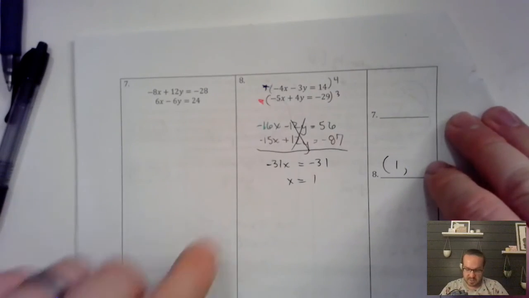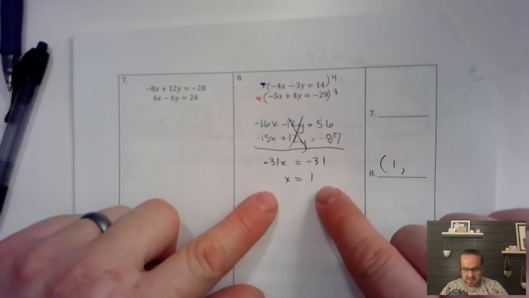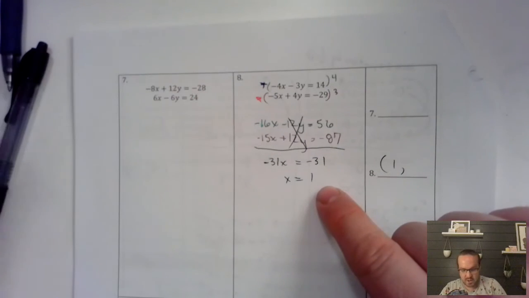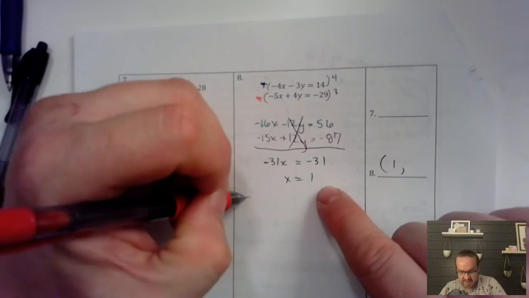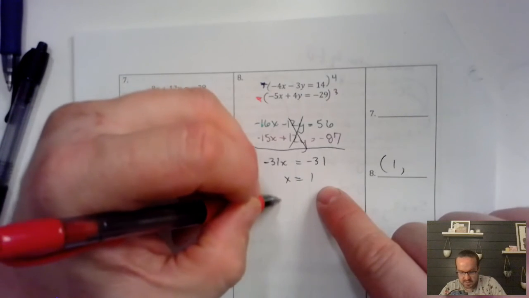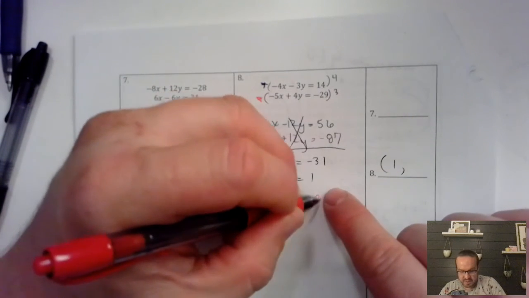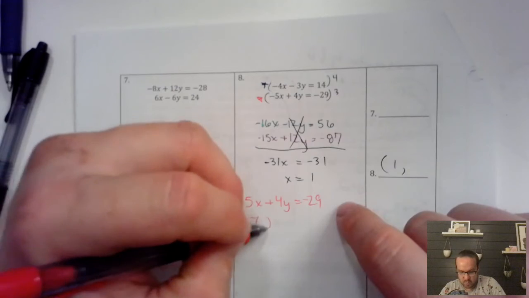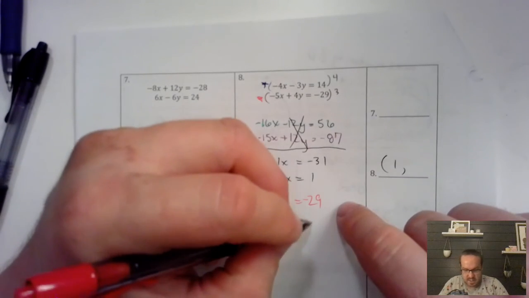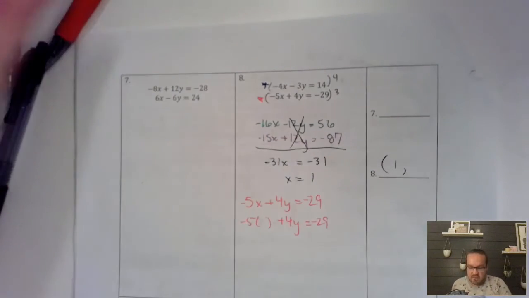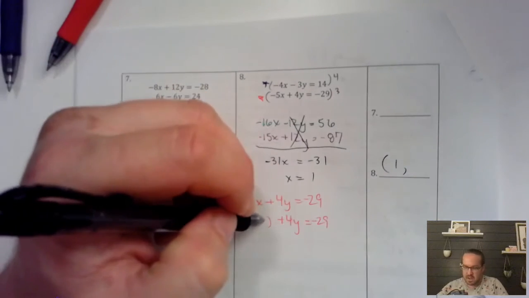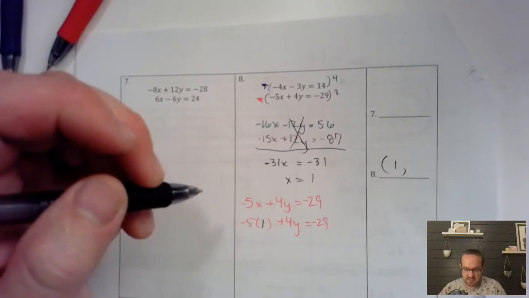Now we have to plug something back in. I'm going to use the red equation right here of negative 5x plus 4y equals negative 29. And then when we have this here, we're just going to be multiplying by 1.